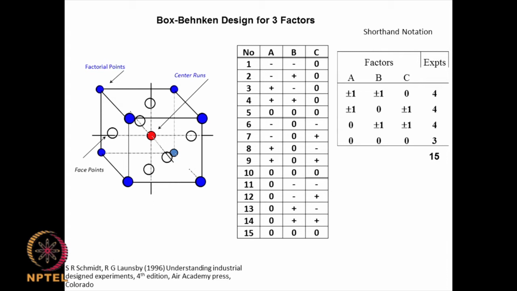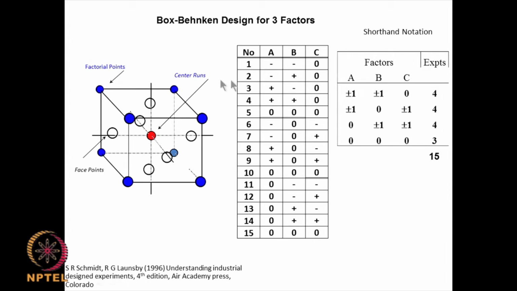The Box-Behnken design for 3 factors is given like this. So it is at 3 levels: minus, 0, and plus. As you can see here, we have minus minus 0, minus plus 0, and so on. There are 15 experiments in this particular set.